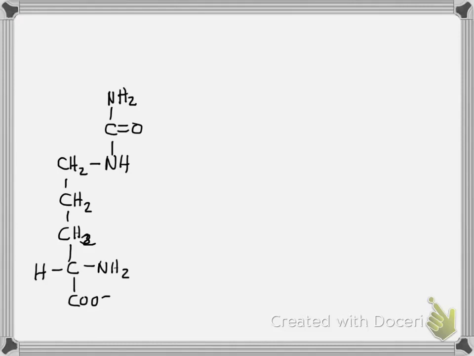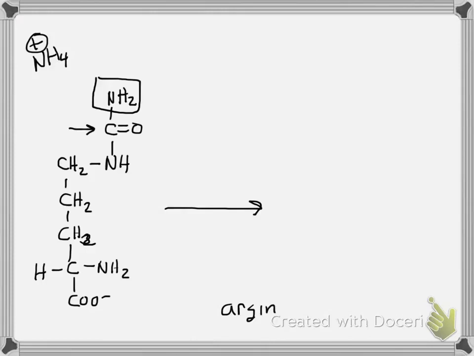So this nitrogen here, recall, came from the reaction to form carbamoyl phosphate, capturing that free ammonia that's formed. What we are going to do now is add aspartic acid to this carbon on citrulline. And what we will form is a molecule called argininosuccinate.